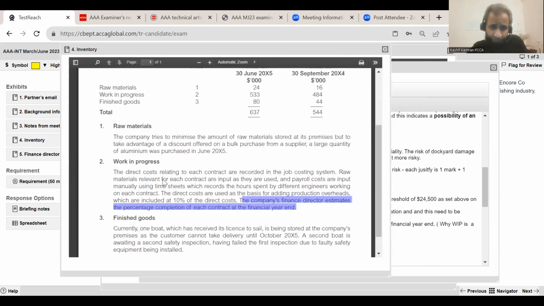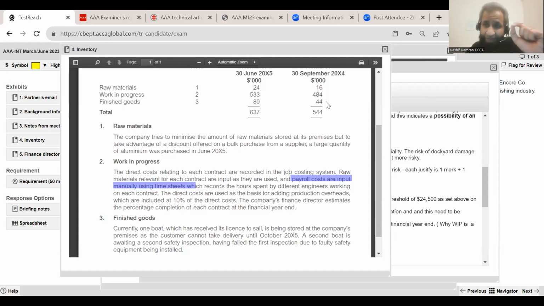One more thing. If you look at work in progress, you have to include the raw material cost, the labor cost, and the overhead. So in the work in progress, when you look at the labor cost, raw material relevant to each contract are input. Payroll cost is input manually using the timesheets.